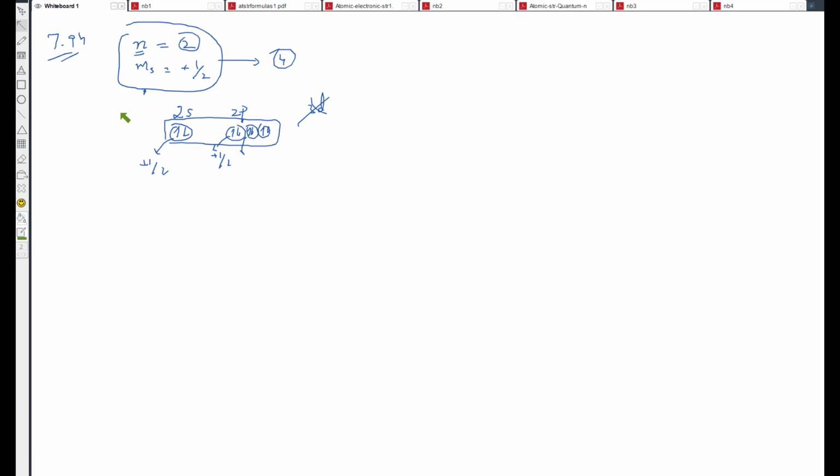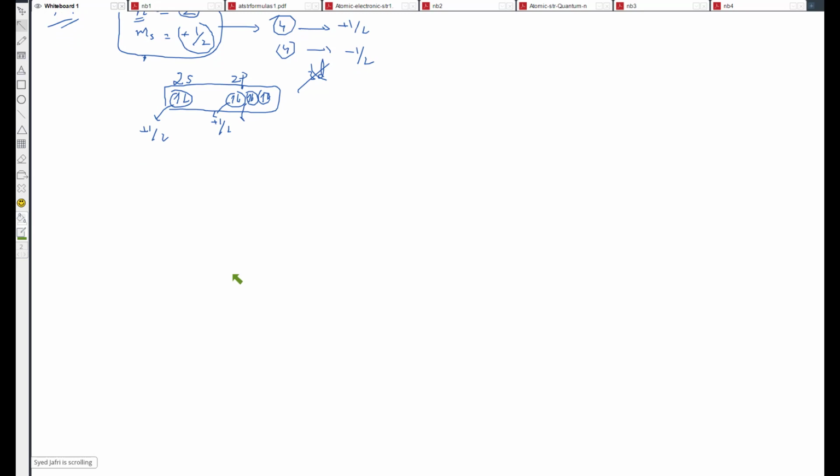It's clear? So the maximum number of electrons which can have the same spin in a particular shell depends on the number of orbitals in that shell. In the second shell we have only 2 subshells and 4 orbitals. 4 orbitals means 4 electrons can have this spin. Is it clear?